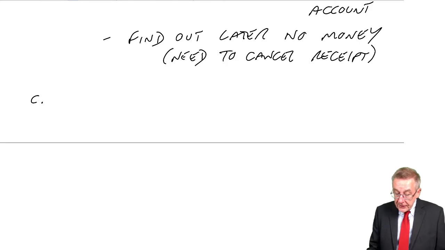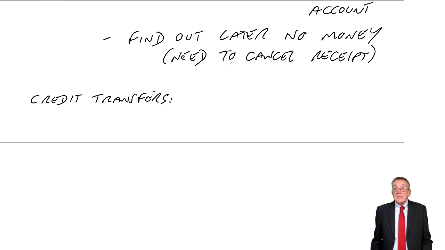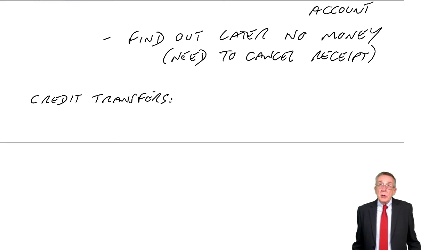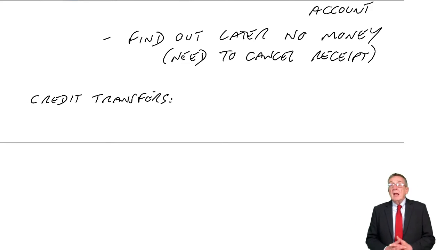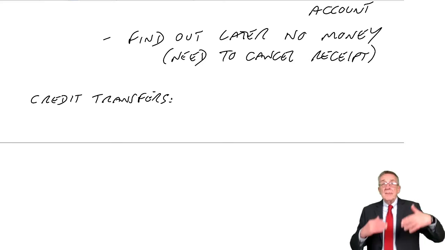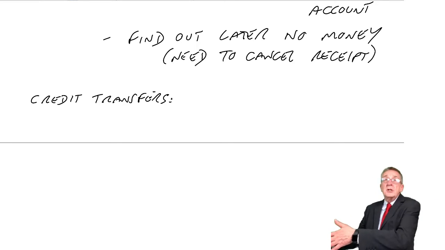Next one, credit transfers, or bank transfer. Although in the UK, people still do use cheques, far more common these days is to do it on the internet and to just tell the bank, transfer 100 to you.